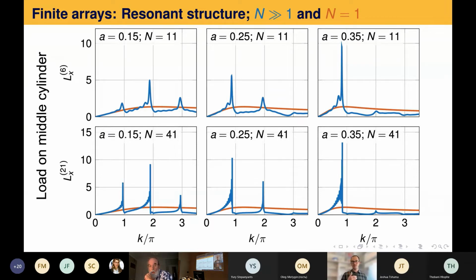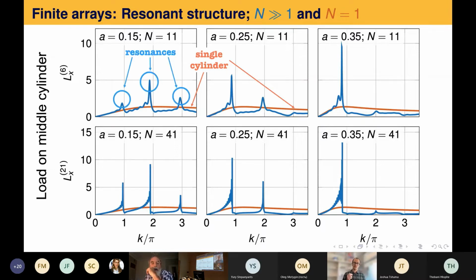I'm showing you results for two different array lengths on the two different rows, and then three different cylinder radii along the columns. And for reference, there are the corresponding results for just single cylinders. The results are shown as resonances when k is just below a multiple of pi.